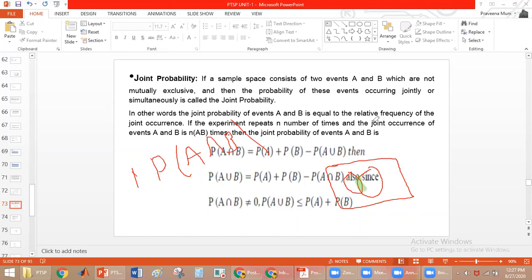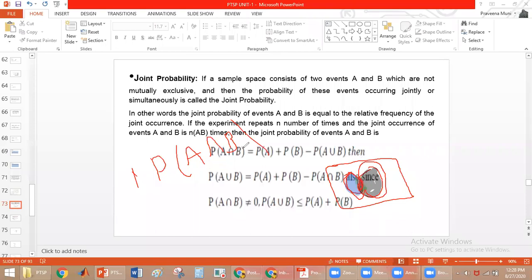It is the probability of A plus the probability of B, and in that sum the intersection part is included two times, so we subtract the probability of A union B. A union B gives this whole part. So the probability of A plus the probability of B minus the probability of A union B gives this intersection part.